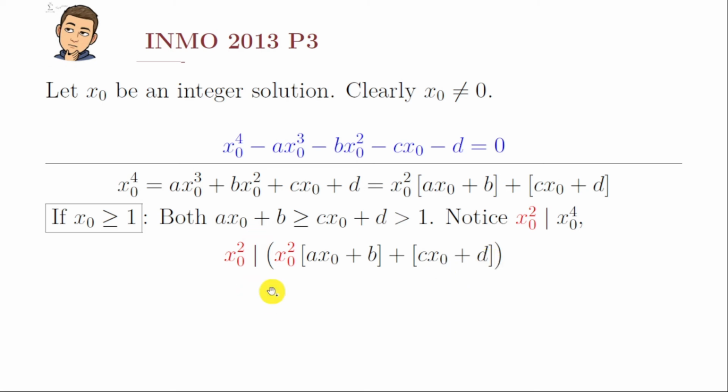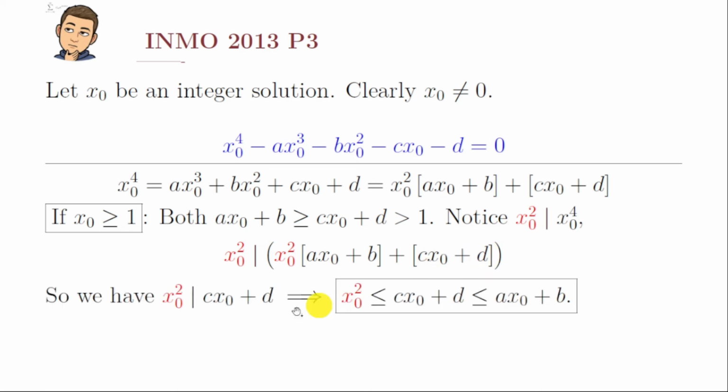But since it must divide all of this, x0 squared must divide cx0 plus d. So if x0 squared divides cx0 plus d, it means that x0 squared is at most cx0 plus d, and cx0 plus d is at most ax0 plus b. So each of these two terms is bigger than or equal to x0 squared.